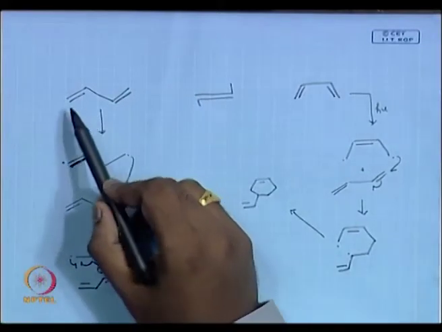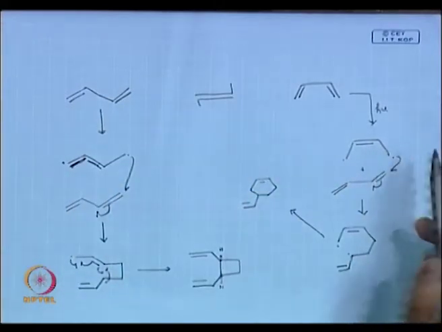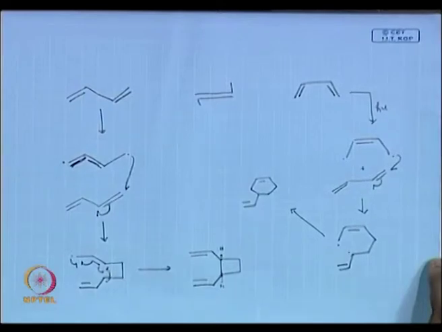Just know that it has both the forms, transoid and cissoid, and based on that you have to do the addition. I am not doing anything, just adding across the double bonds, that is all. Fine. Any doubt?